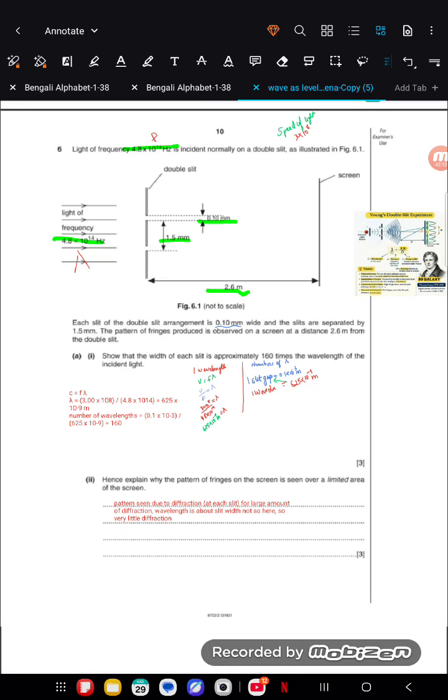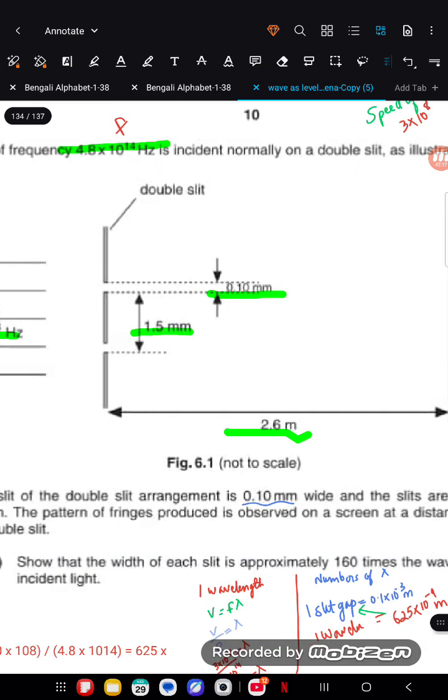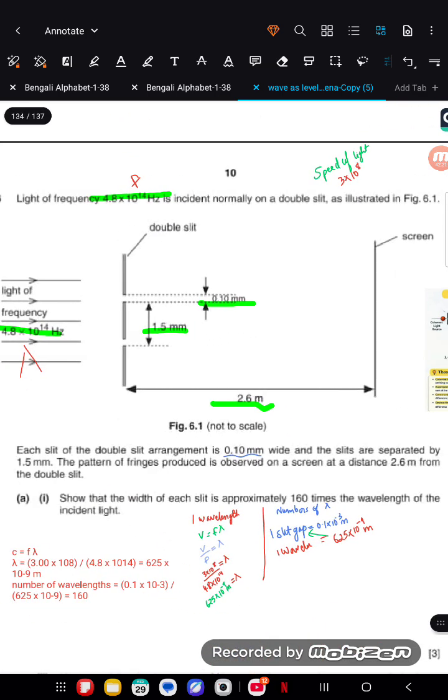This is question number 1. See here in this question, this d is given, wavelength is given, this is 1.5 and this small is 0.11, okay.